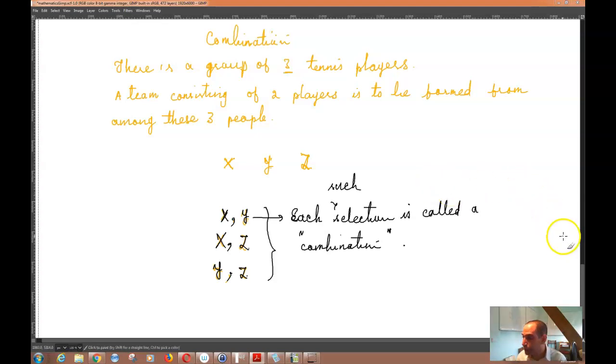And to be more exact, it's called a combination of 3 different objects.